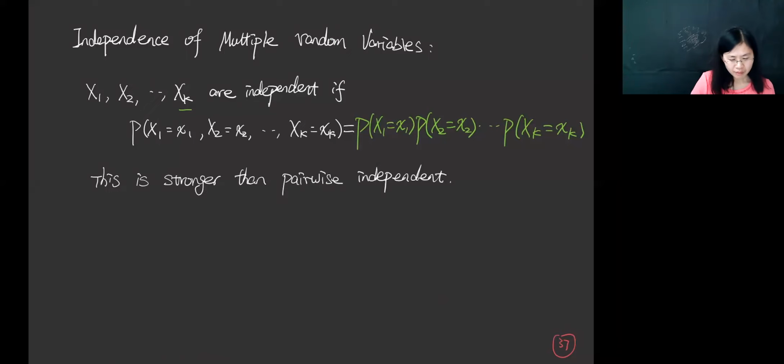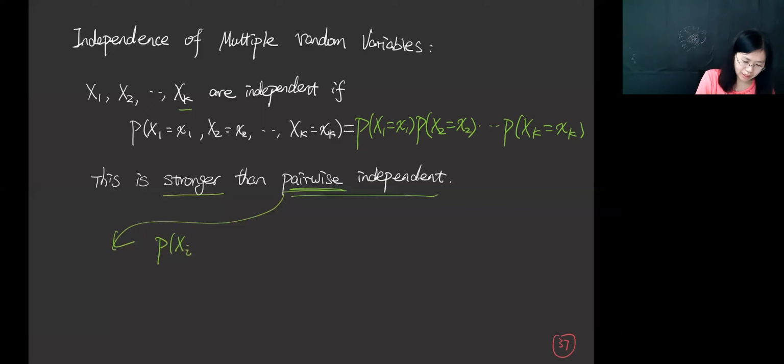Well, I want to stress that this joint independence of k random variables is stronger than pairwise independence of these variables. So what's pairwise independence? Pairwise independence is that each pair chosen from these k random variables is independent within the pair.